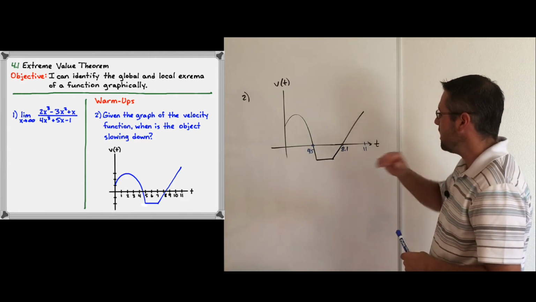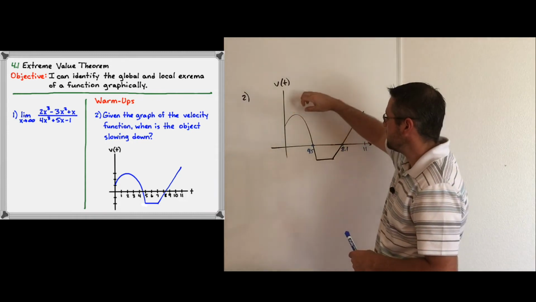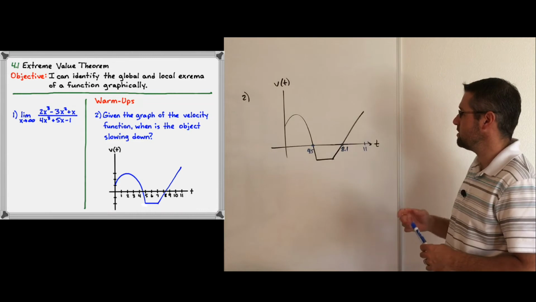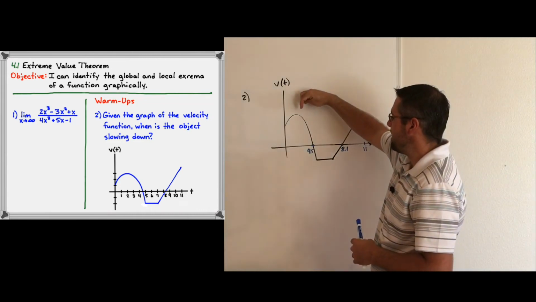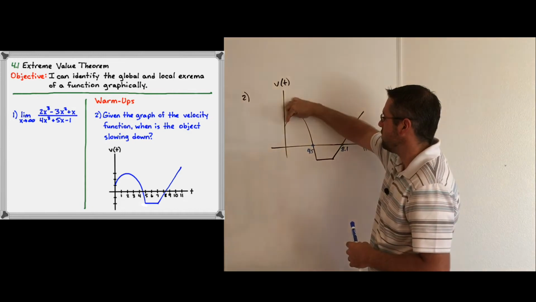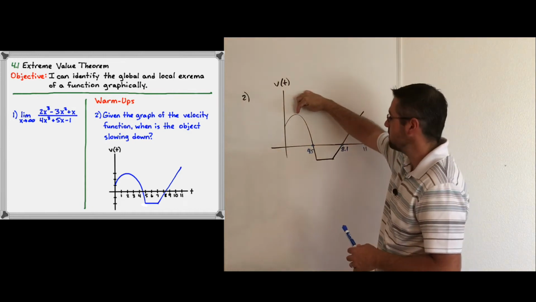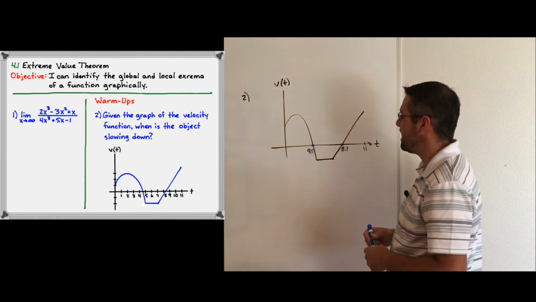Well, if my velocity is positive in this region, the acceleration, remember, is the derivative of velocity. Acceleration is the derivative of velocity. So that implies that when velocity is increasing, the acceleration is positive. And when velocity is decreasing, acceleration is negative.